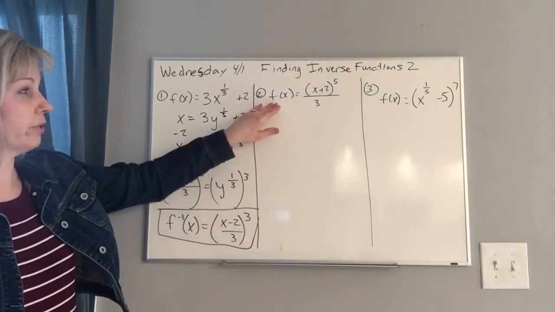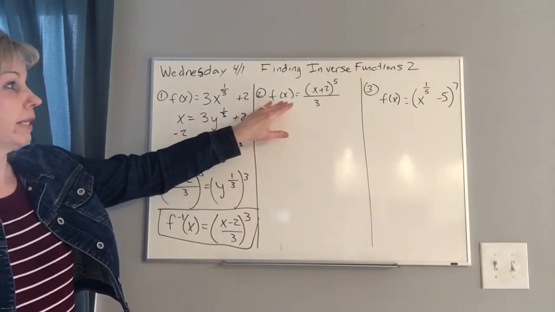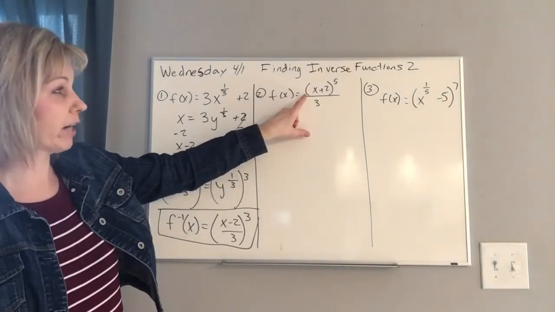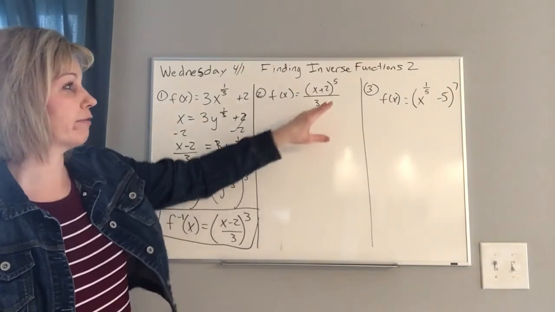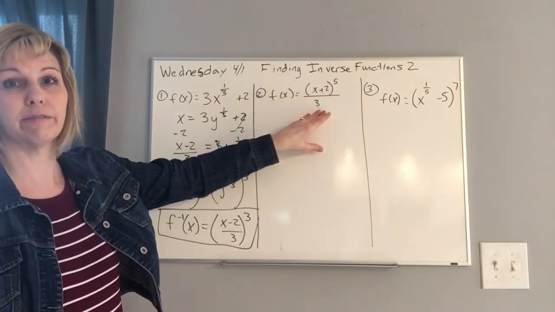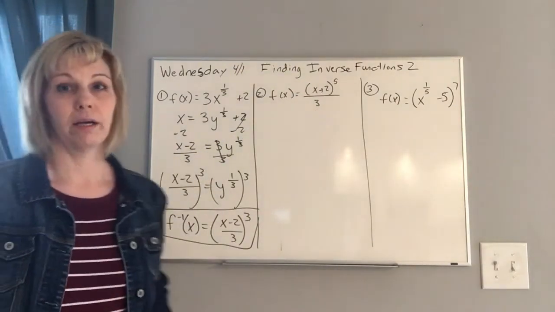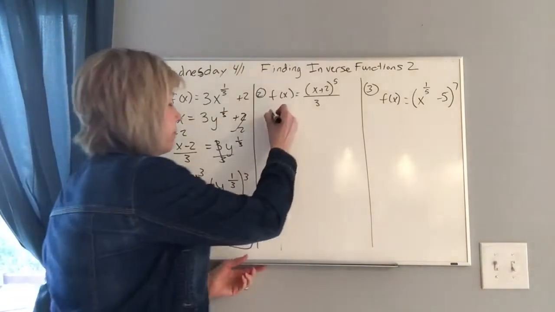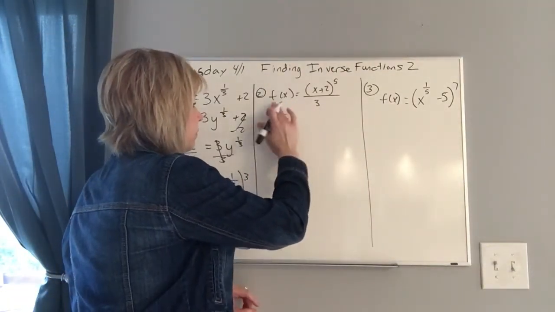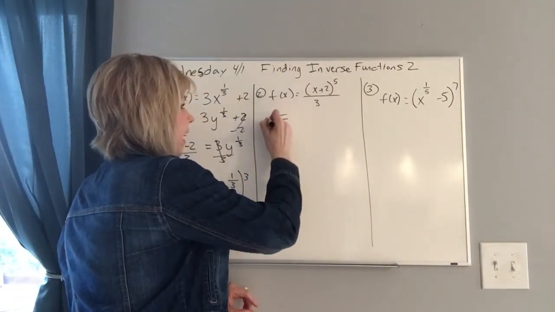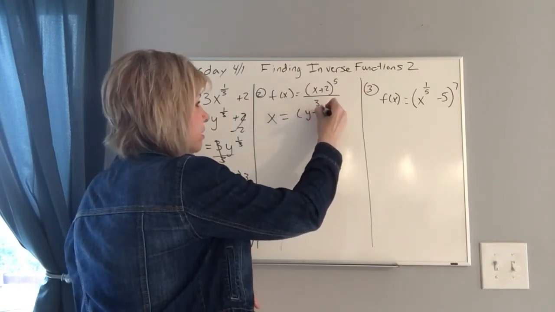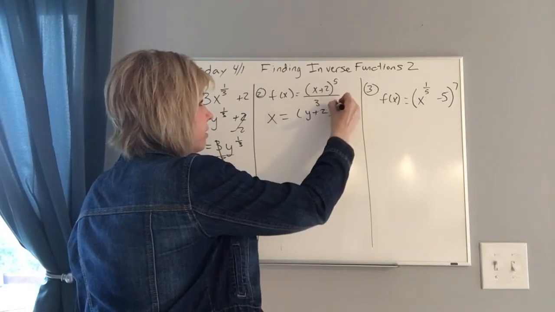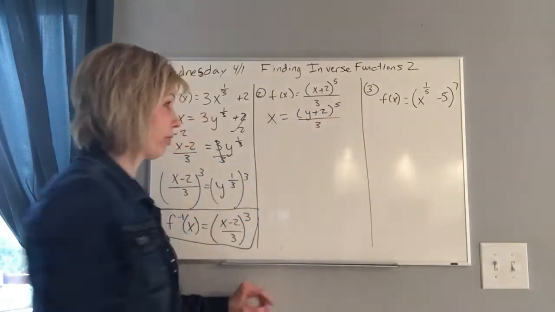Okay, so number 2, I have f of x equals, a fraction bar on top, x plus 2 in parentheses raised to the 5th power, and that's all divided by 3. So go ahead, switch the x and y. So y is f of x, so make it x equals, in parentheses y plus 2 raised to the 5th power, divided by 3.